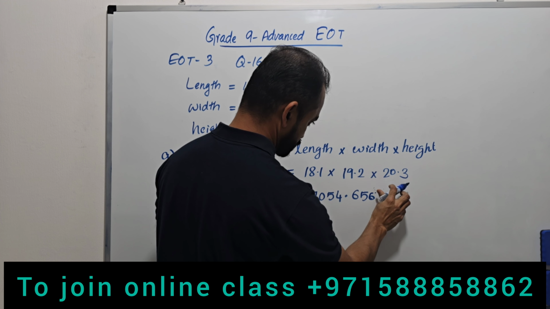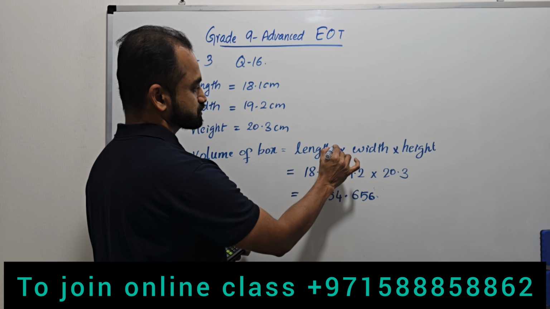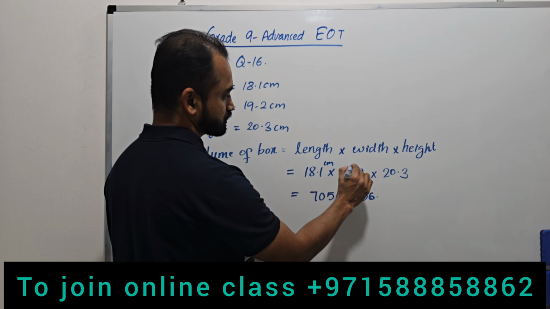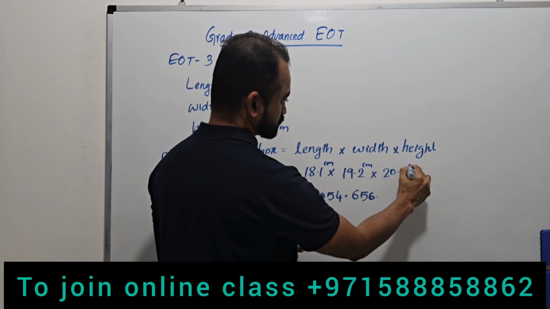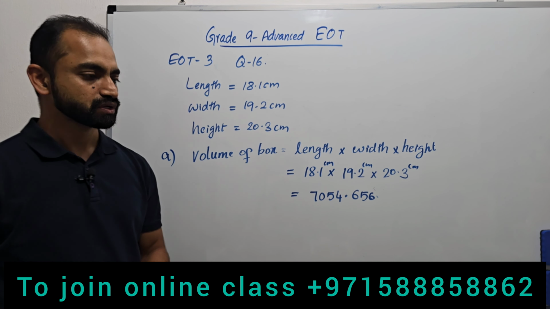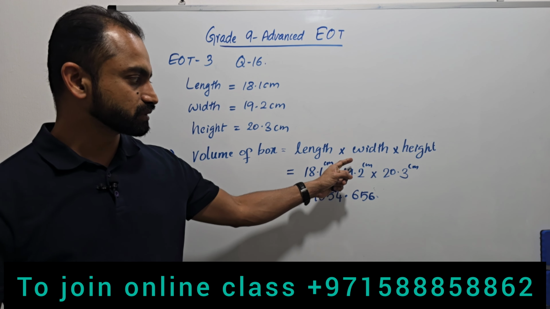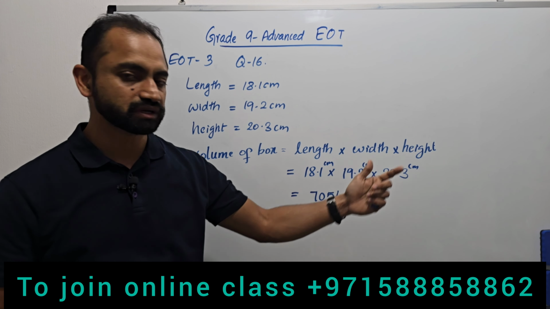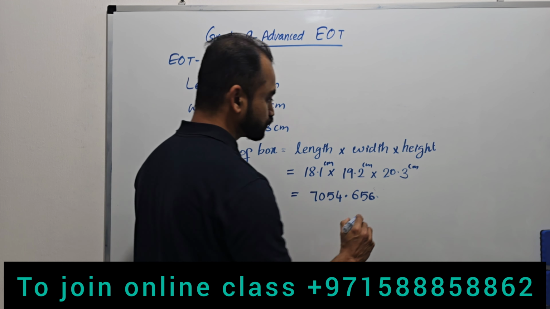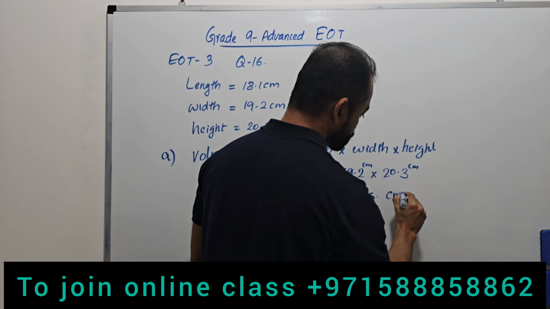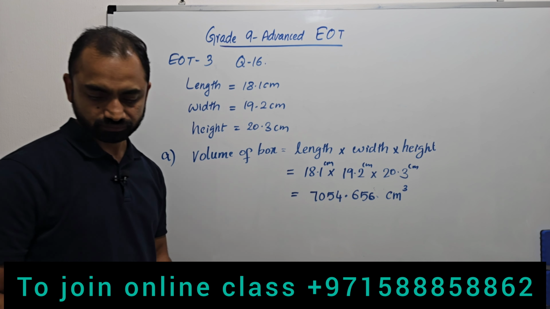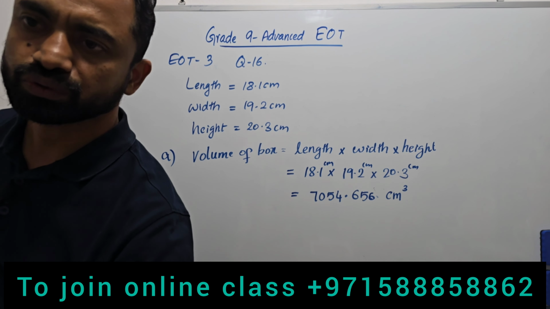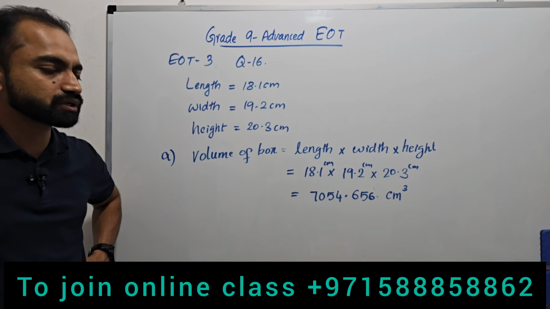Okay, so length is in centimeter, this also in centimeter, this also in centimeter. So there are centimeter times centimeter times centimeter, 3 centimeters. So volume will be in centimeter cube. The unit of volume here is centimeter cube.